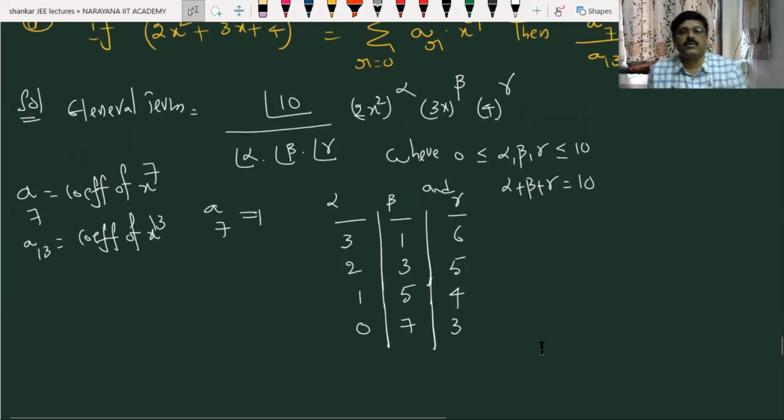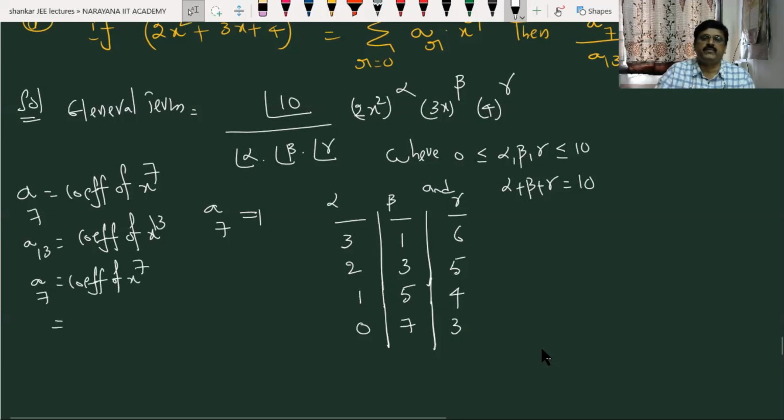Okay. Now, when you give these numbers here, answer is coming. A7, that is coefficient of x power 7 is equal to, first 316 students. So 10 factorial by 3 factorial into 1 factorial into 6 factorial.